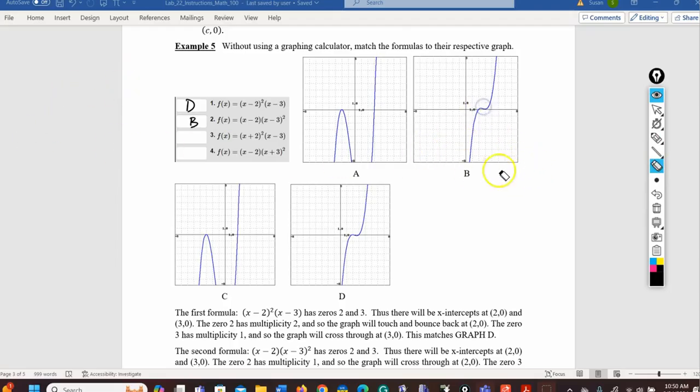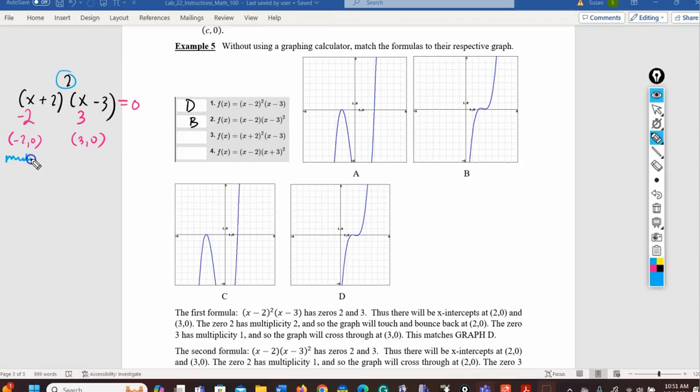Okay, so now with the third one, we have x plus 2 squared times x minus 3. What are the zeros? Well, -2 will make the whole thing 0, and 3 will make the whole thing 0. So I'll have an x-intercept at -2, 0, and an x-intercept at 3, 0. Now what about the multiplicity?